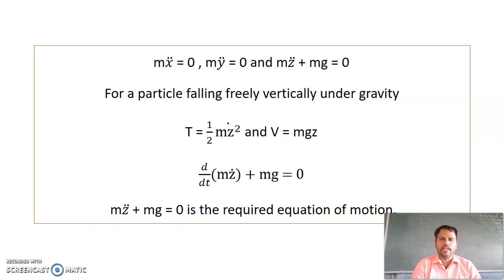So these are the equations of motion for a particle. If we consider a particle falling freely under gravity, then we have considered the z axis. Therefore, the equation of motion is m z double dot plus mg is equal to 0.